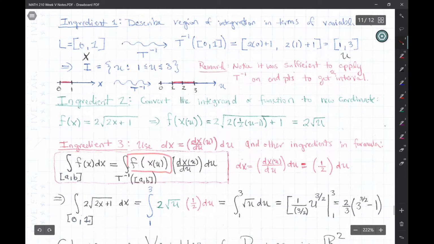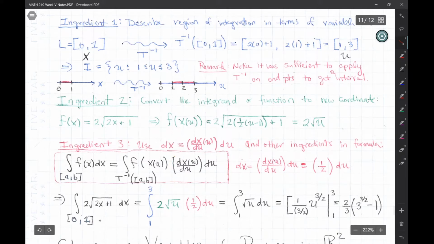Convert your function into the new variable u, which we've done over here, and use the length element that we've computed over here for this expression here. So we've done that there.